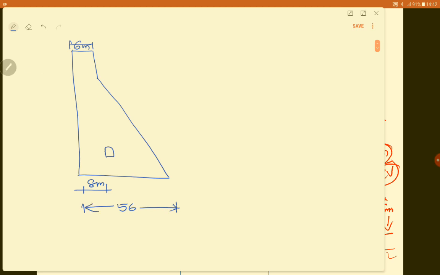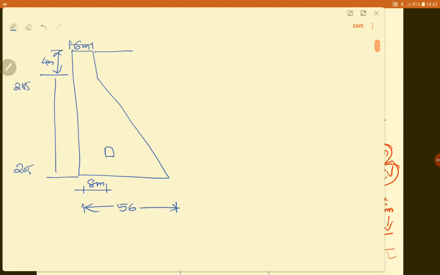What is the freeboard here? This is 289, this is 285, so this is equal to 4 meters. And then what is this height? This level is 205, this level is 285, right?